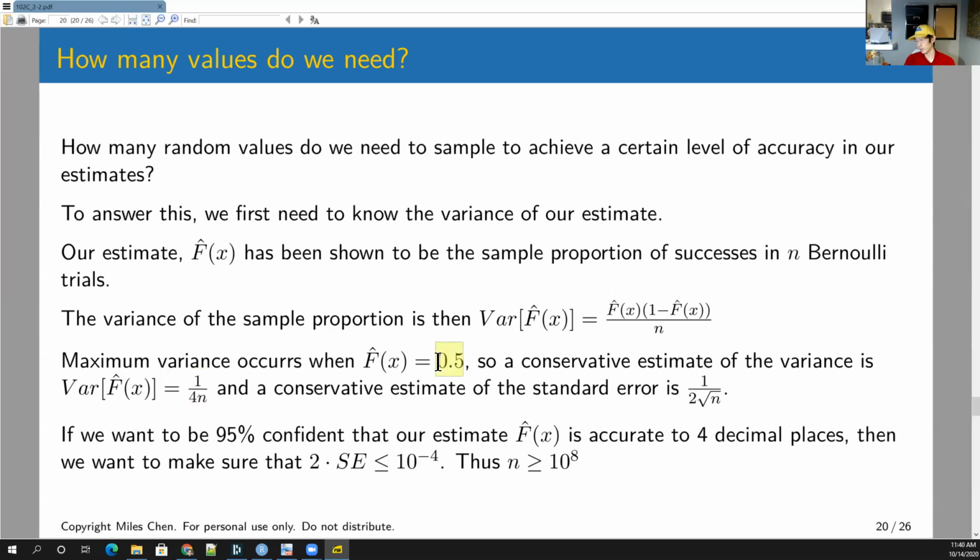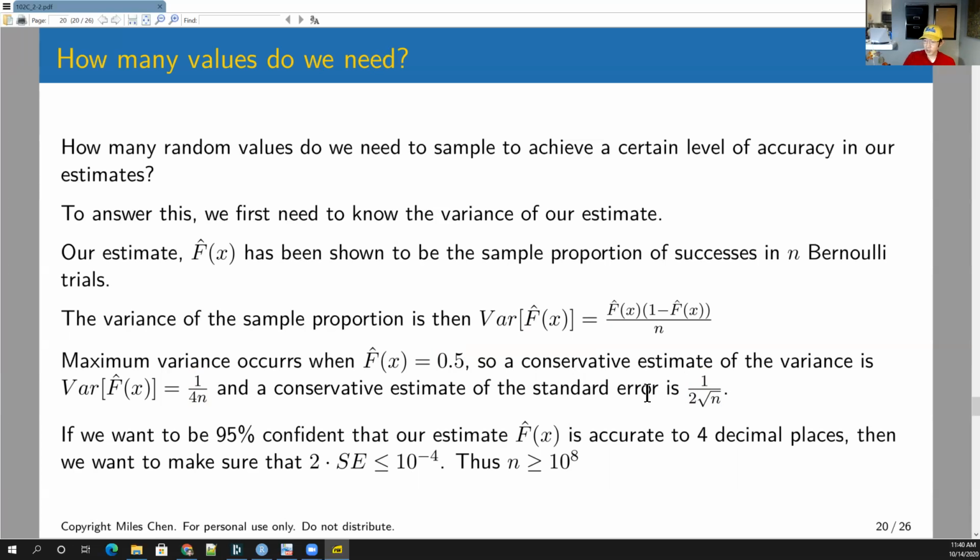Because if you plug in 0.5 for f hat, you're going to get 0.5 times 0.5, so that's 0.25 divided by n, which is 1 over 4n. All right, and if you take the square root of that, the conservative estimate for the standard error is going to be 1 over 2 square root of n, okay?